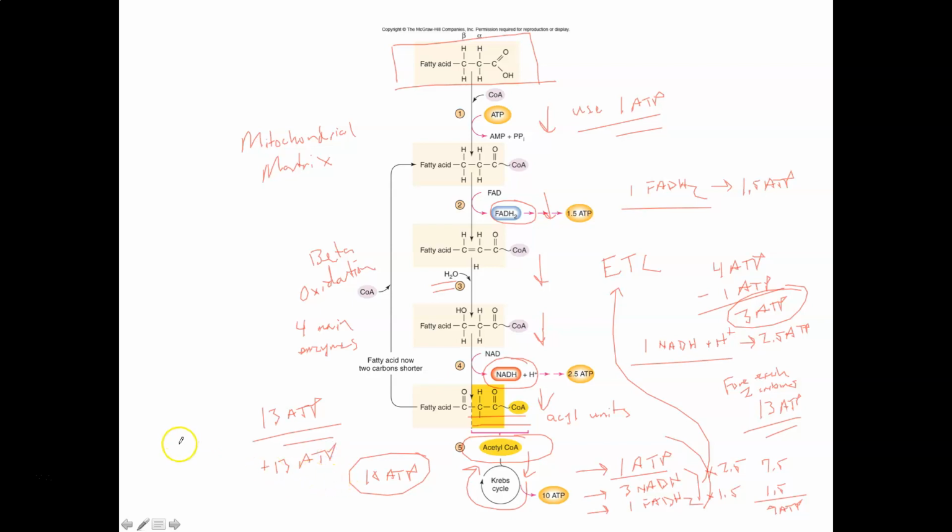So with just 2 of the 2-carbon acyl units, we're up to 26 ATP. If we did a third acyl unit, that's another plus 13 ATP. So now we're up to, what is that, 39 ATP, and so forth and so forth.